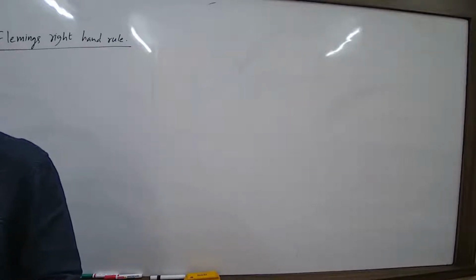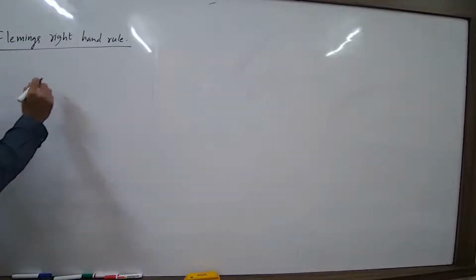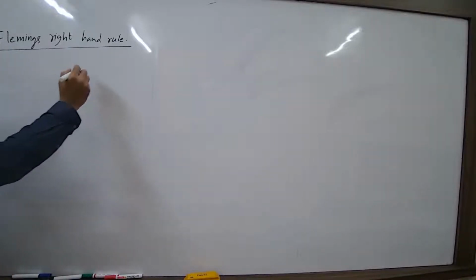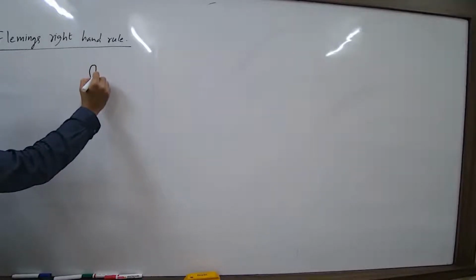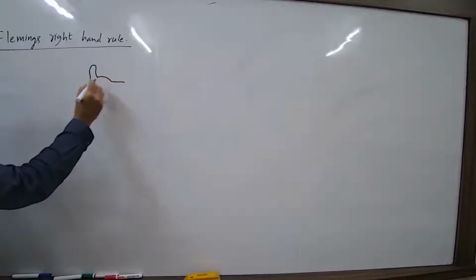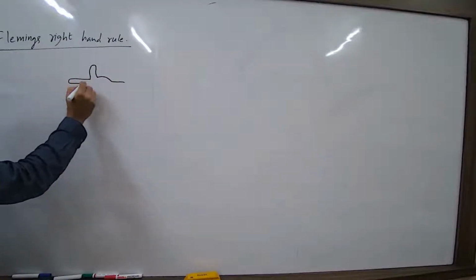Now this is your coil, okay? So what is the diagram we drew? We had drawn that. What was Fleming's right-hand rule? So what did I explain? The thumb is the direction of motion, or force.